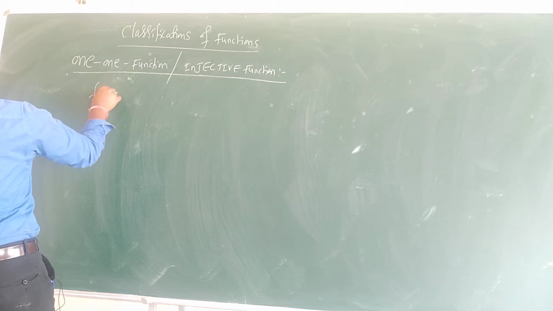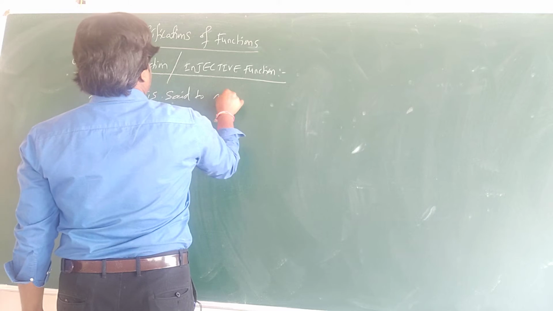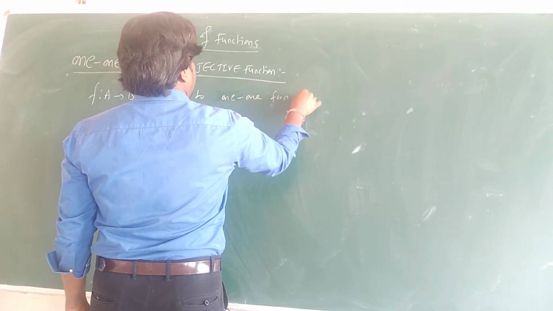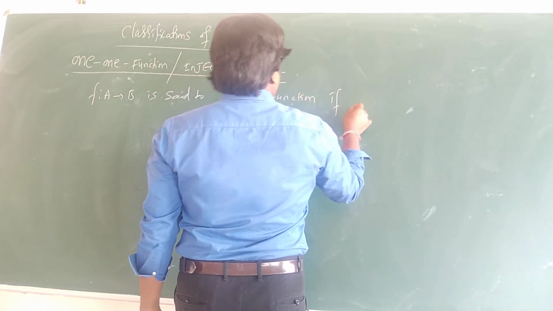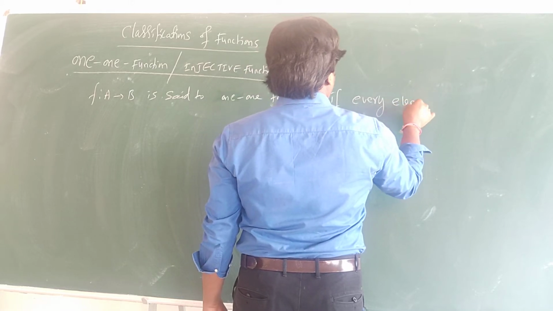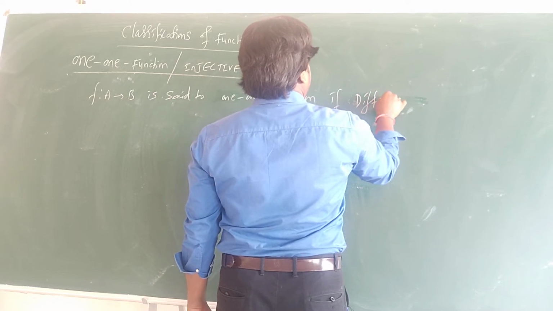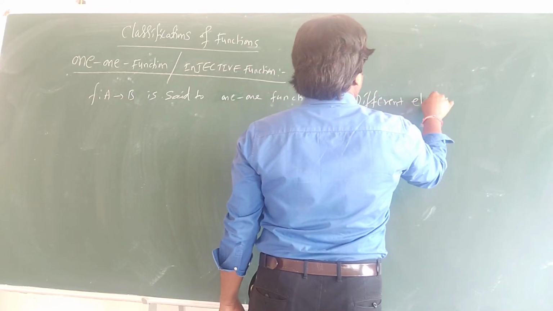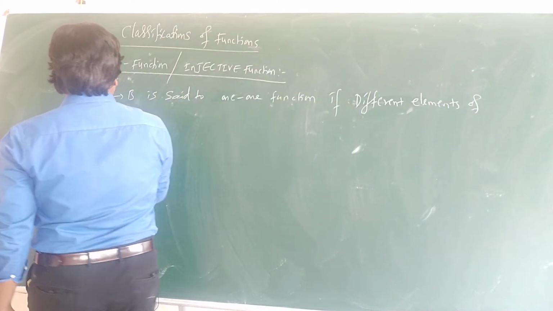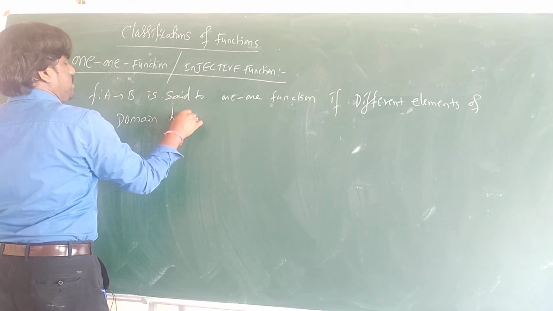A function from A to B is said to be one-one if every element, different elements of domain, have different images in codomain.